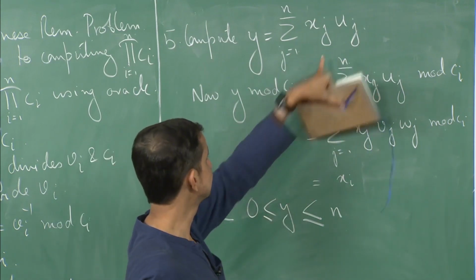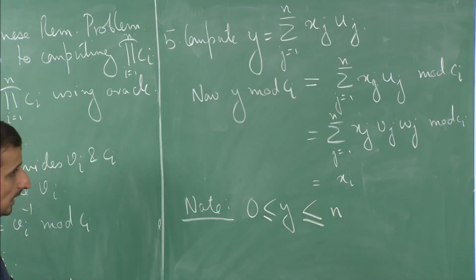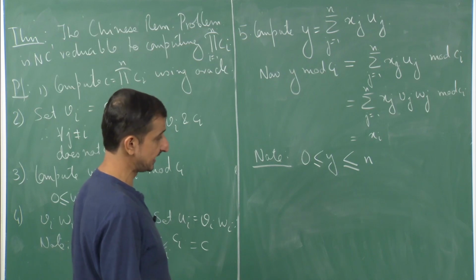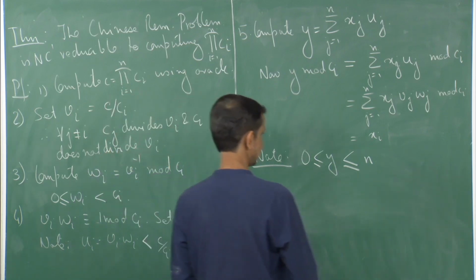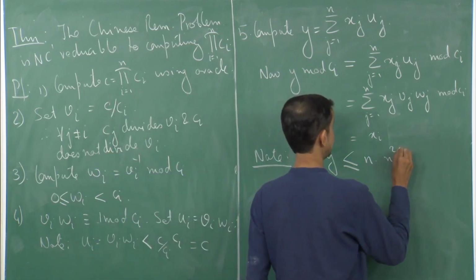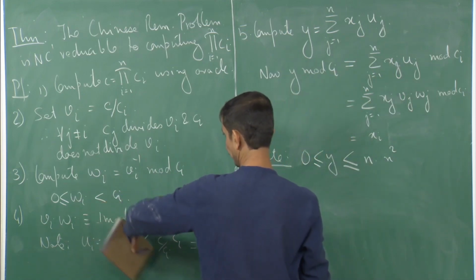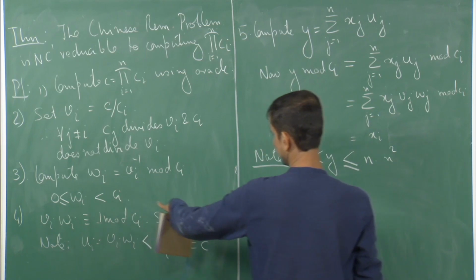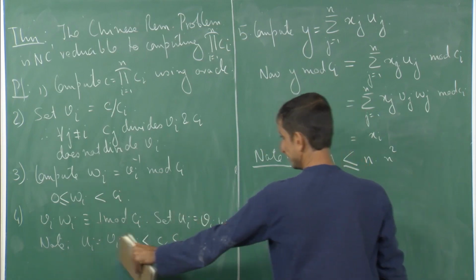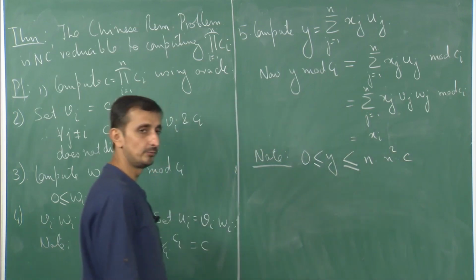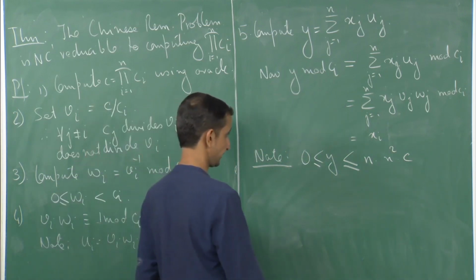Each of these xj's are bounded by Ci. Each of these Ci is bounded by n square. So I have n times n square, and each of the uj's we have proved is bounded by C, right? So it is n cube times C.